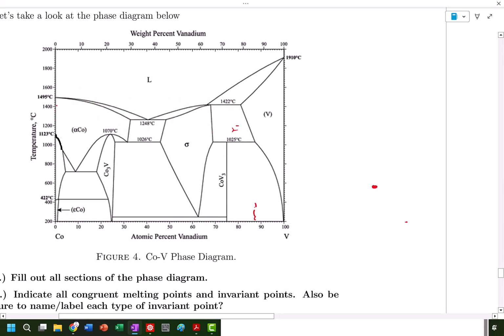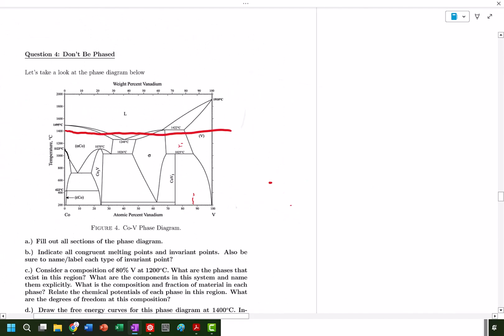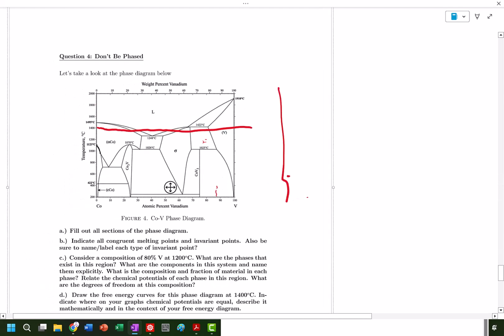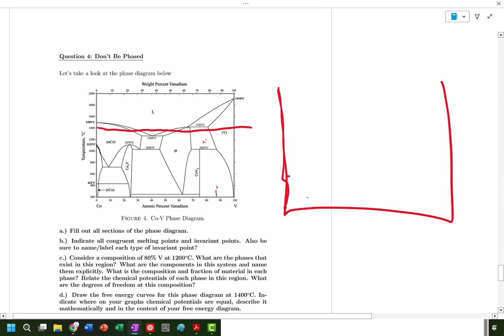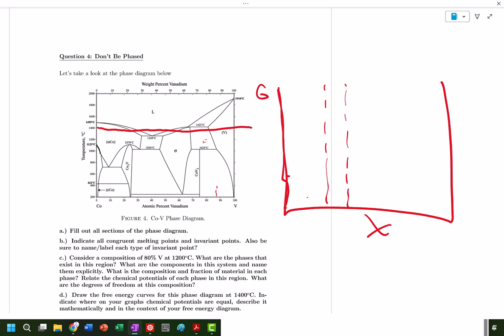Because basically we know we're going to go through these two, below, and in here. So we're going to be drawing something that looks like this. G versus composition. So I cross through 1 here, 2, 3, 4 lines, 3, 4, 5, and then 6. I should have made that bigger, but we'll work with it.